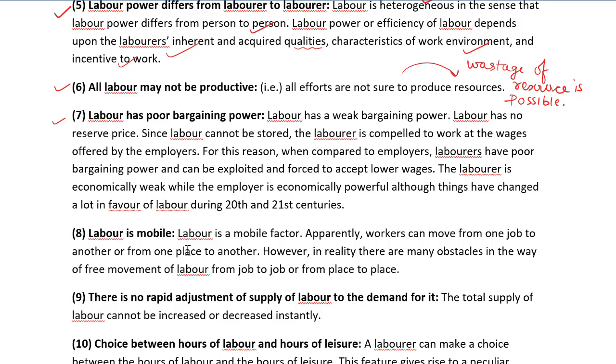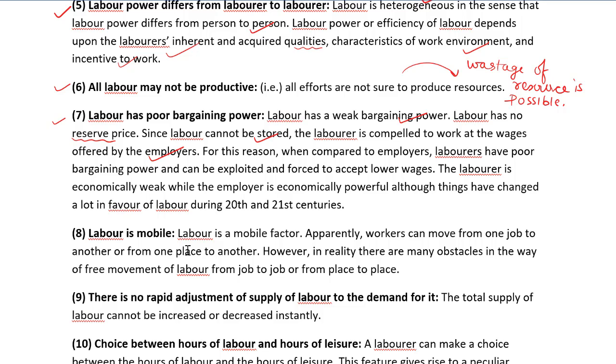Labor has poor bargaining power. Let us try to understand this point. Labor has no reserve price, as I explained in the beginning. Since labor cannot be stored, the laborer is compelled to work at the wages offered by the employer at the end of the day.